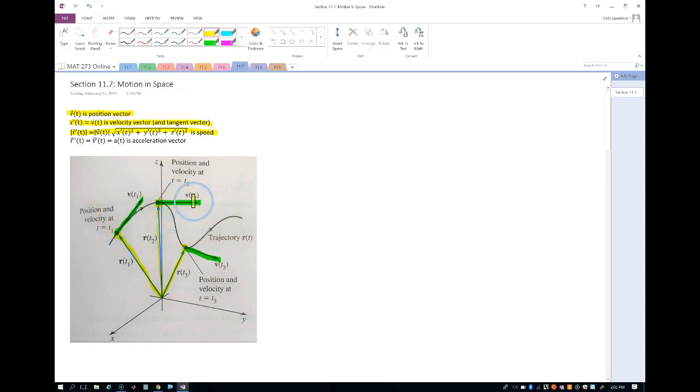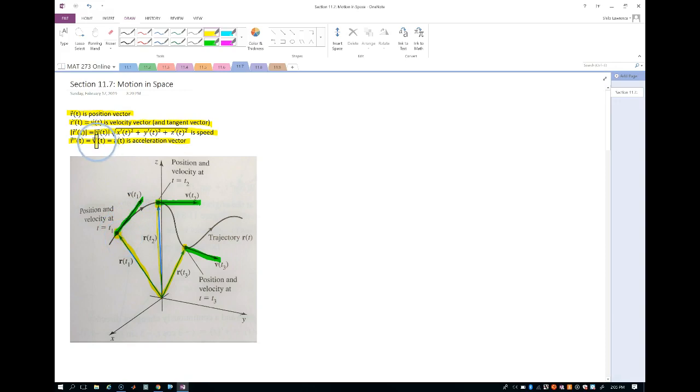Remember, typically, since velocity is a vector, we consider it to have magnitude and direction. If we just want to know the magnitude portion of it, we can do that as well, and it's called speed. And then finally, our second derivative is acceleration. Acceleration at any point in time will tell us how our speed is changing and how our direction is changing.